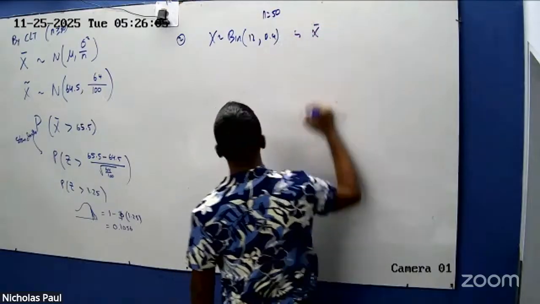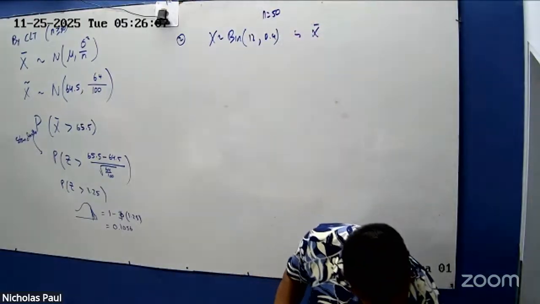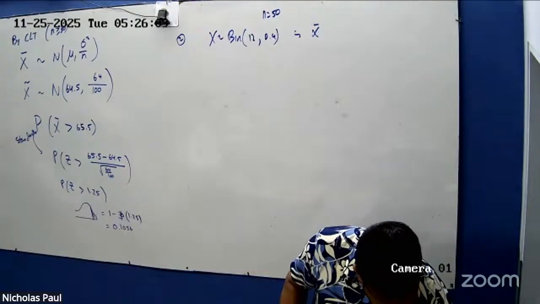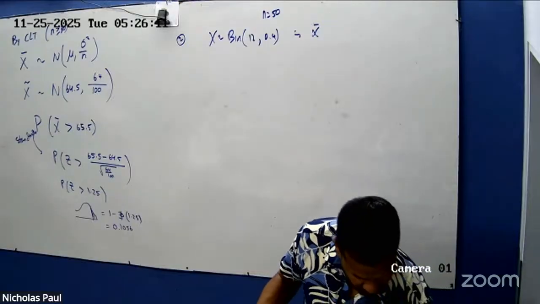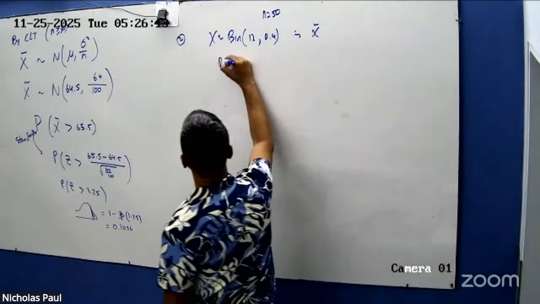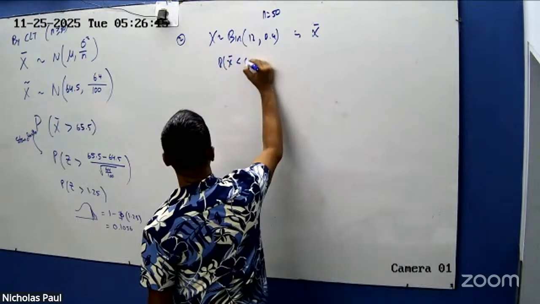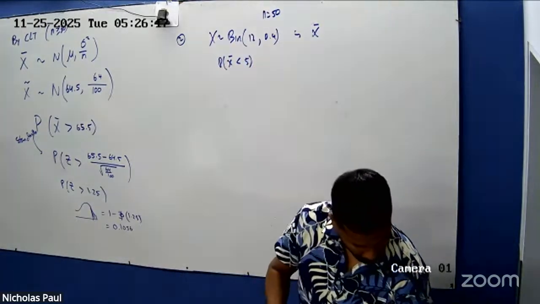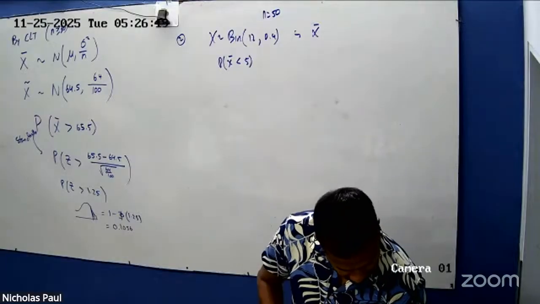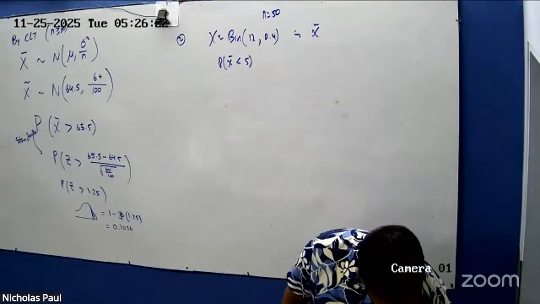State the distribution and find the probability that X bar is less than 5.